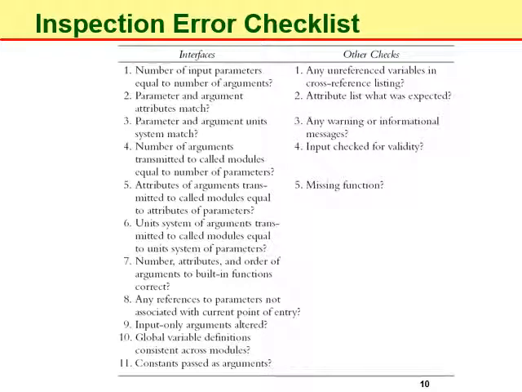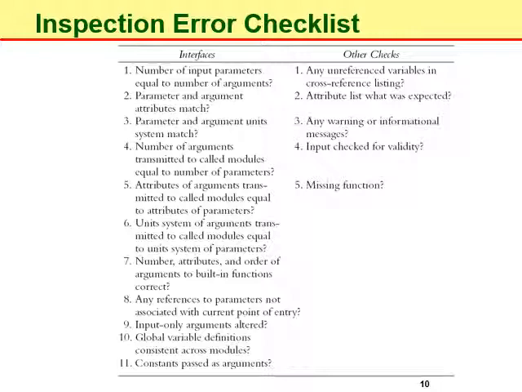Then inspect interface-related aspects that might be considered. For example, are the number of input parameters equal to the number of arguments or not? Similarly, parameter and argument unit systems and their types, do they match? Similarly, is the number of arguments transmitted to the called module equal to the number of parameters, and many other interfacing aspects that might be looked for while we are inspecting the code.